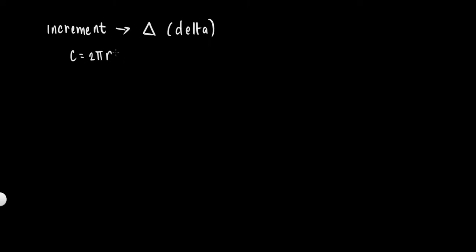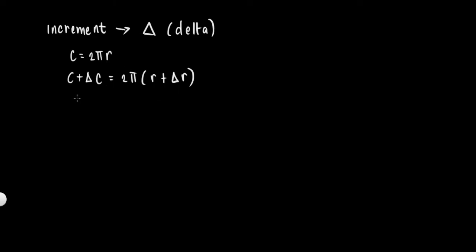Okay? For every value of r, there is a corresponding value for C. And for every change in r, there is a corresponding change in C. So we write C plus delta C is equal to 2 pi times r plus delta r. Okay?